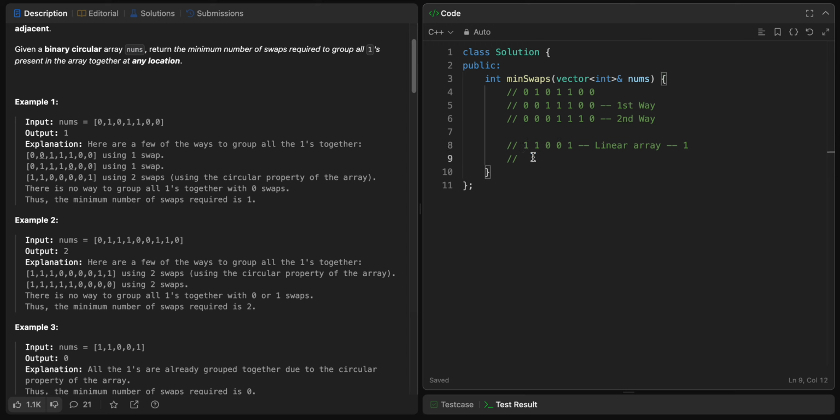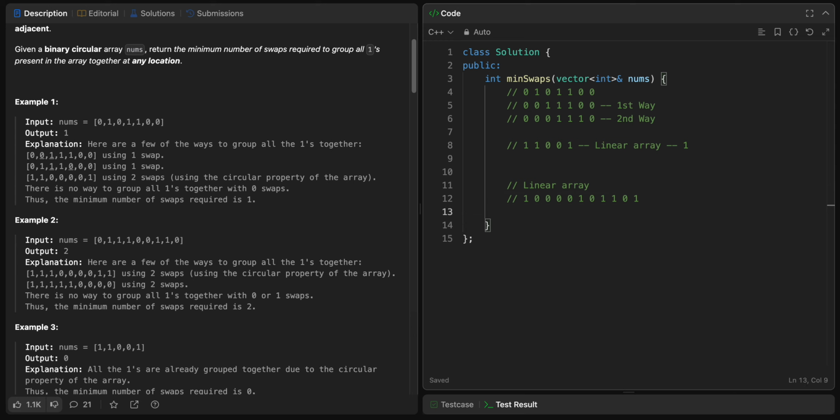How would that work is fairly simple. If it's a linear array, first let me give you an approach for how we'll be proceeding. And for a circular array, we'll just extend the linear array approach. For the linear array, suppose we were given the array 1 0 0 0 1 0 1 1 0 1.